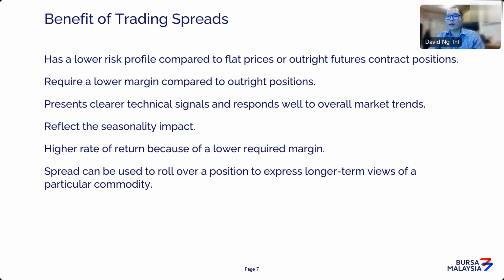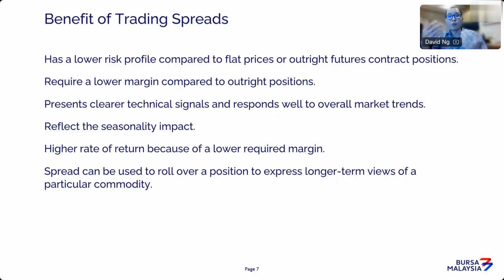Now, secondly, a lot of people are starting to look at spread trading as a way to navigate the market because the margin requirements for spread trading are much lower compared to outright positions. For margin requirements, you do have to get the latest from the brokers, because the exchange adjusts the margins on and off based on market conditions. But if you're trading outright positions, normally the margin requirements are in the region of 7,000 to 9,000 ringgit per contract.